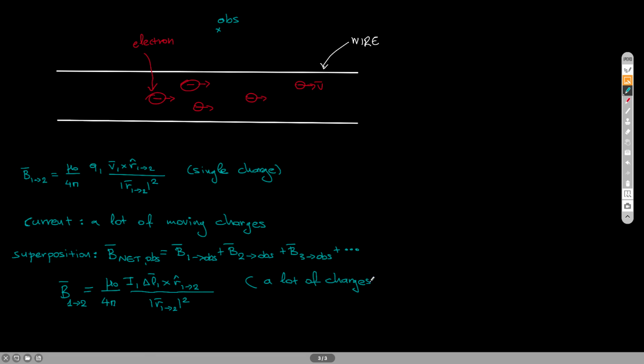This is in very simple terms, but I will describe it more accurately as if you have a very short length or piece of a current carrying wire.